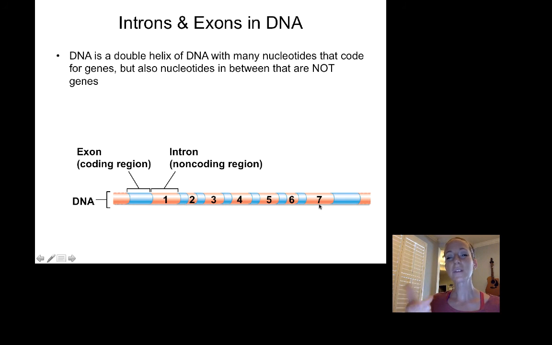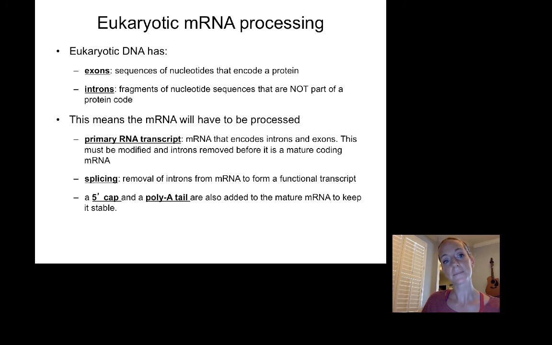So this is an extra level of control that we see in more complex organisms. So more complex organisms like us, eukaryotes, other animals and other eukaryotic cells, have exons and introns. These are sequences of nucleotides that are encoding a protein in the case of exons, and fragments of sequences that need to be spliced out to get a final mRNA.